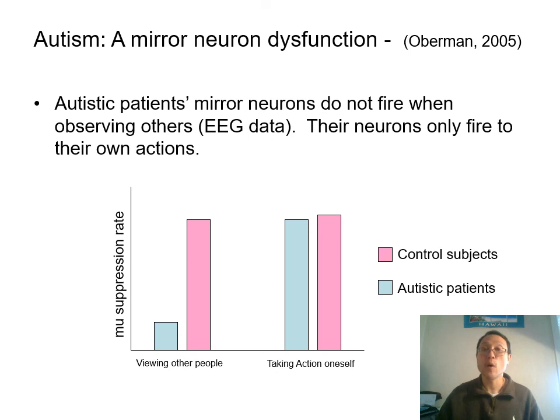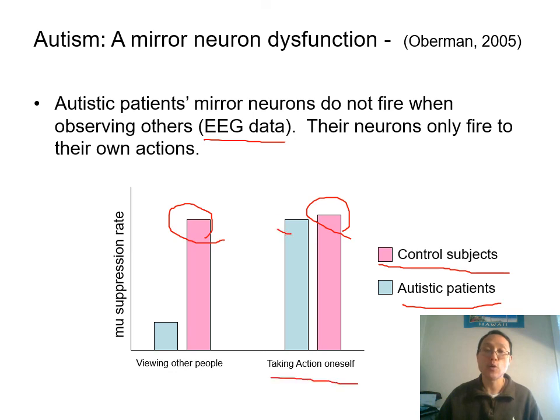And this is also true when they looked at the EEG data from the autistic patients. In the control subjects that do not have autism, when they are viewing other people as well as doing the action themselves, the cells show a lot of responses. But when the autistic patients are doing the actions themselves, they are doing really well.